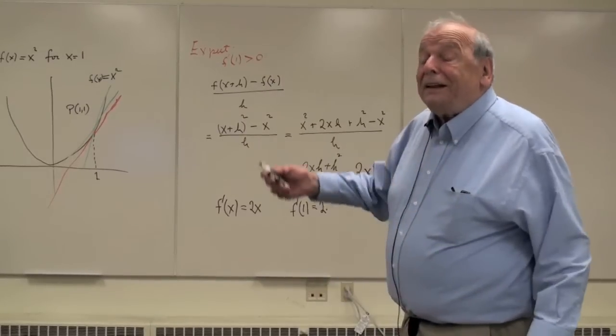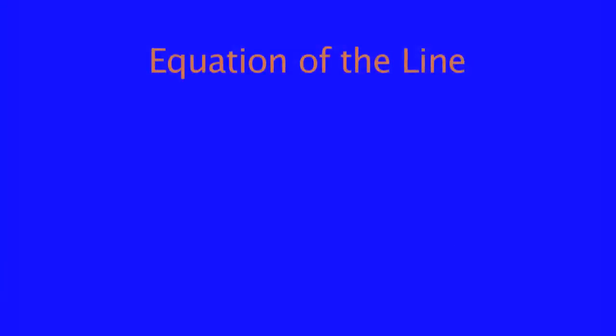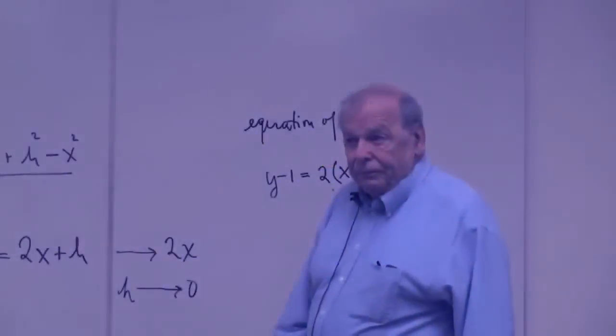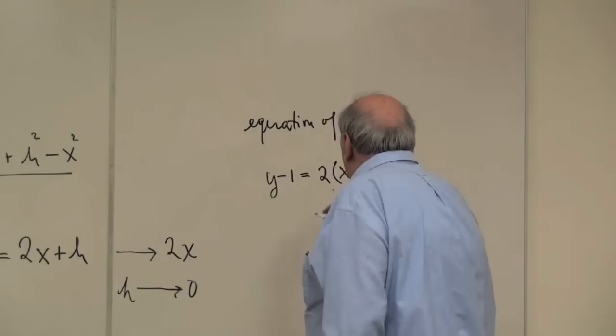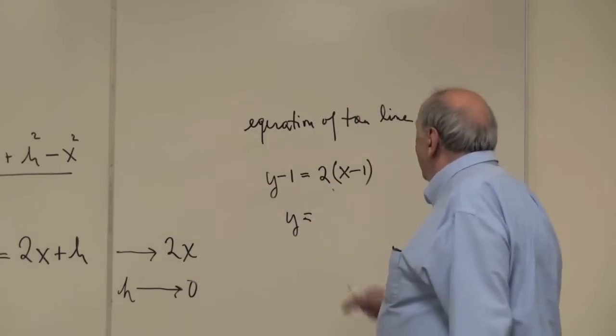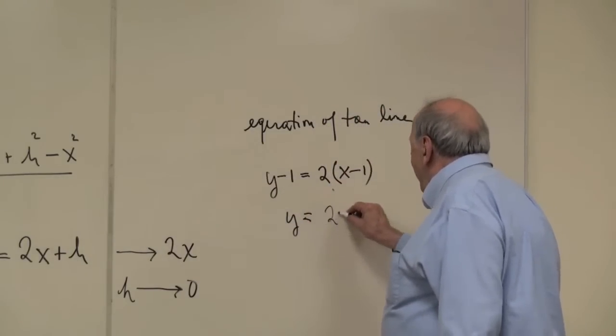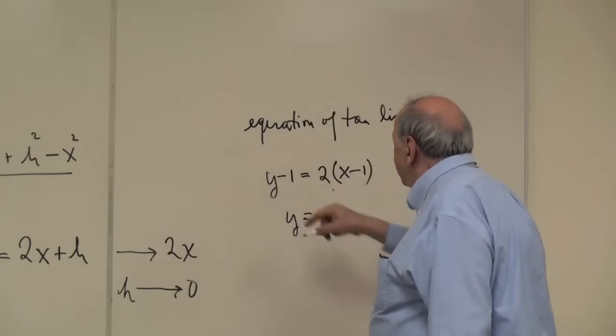Now, suppose I actually want to get the equation of that tangent line. The equation of that line, well, it's y minus 1 is equal to 2 times x minus 1, because it goes through the point (1, 1). And so I have y, let me do a little mental algebra here, y equals 2x minus 2 plus 1.